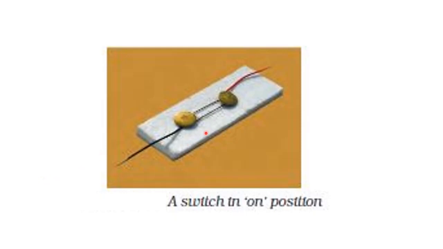As per the direction, this is how we need to fit the safety pin in between the 2 drawing pins. It is mentioned here that a switch is in on position if the safety pin is connected to both the drawing pins.